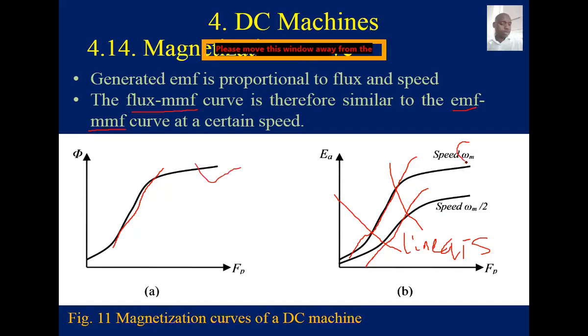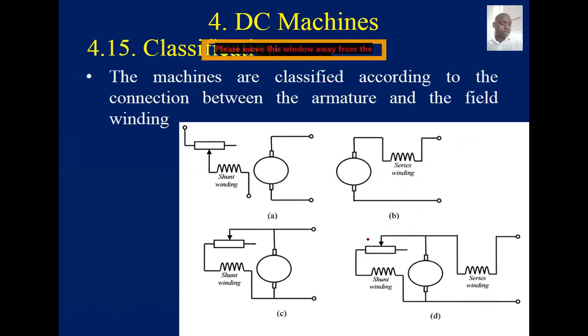What changes is the speed, so the generated voltage will follow almost the same structure, but the speed will then determine the magnitude of the generated EMF, but the curves will still look similar, right?